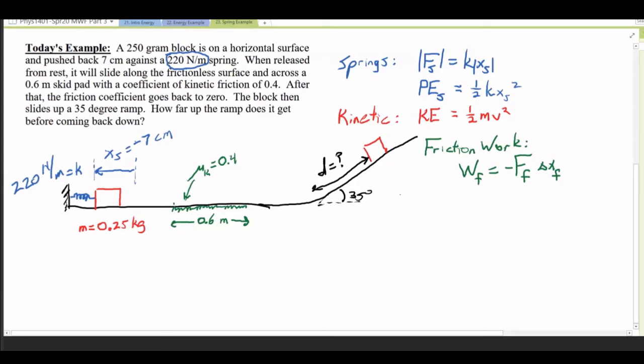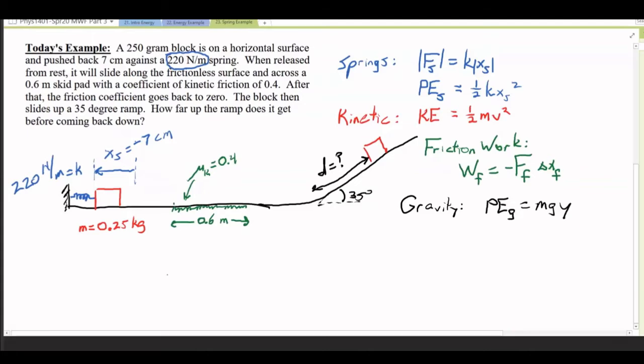And then the last form of energy we care about is gravity energy, which is the potential energy of gravity, equal to mgy. So we're going to have to figure out how to take that into account. Like I said, I created this example in order to have all possible forms of energy in our analysis.